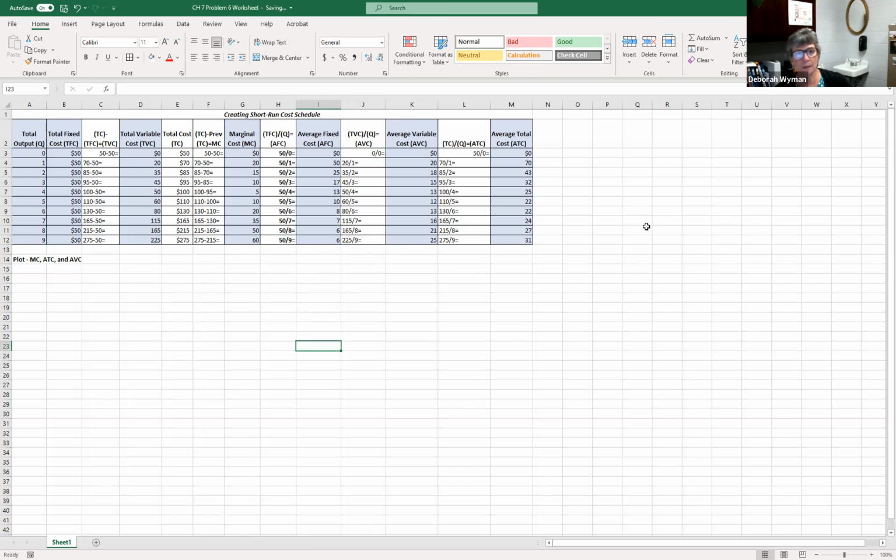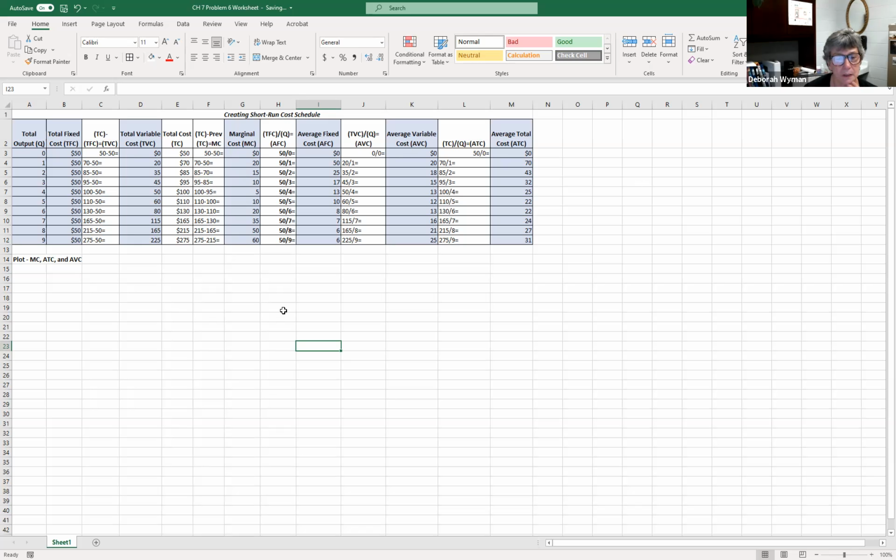Okay, so if you just copied your blue sections, you would have your complete schedule. But this is how you calculate it. So I wanted to make sure that you had an example that you could go back and look at or use when you are doing your homework or your test.